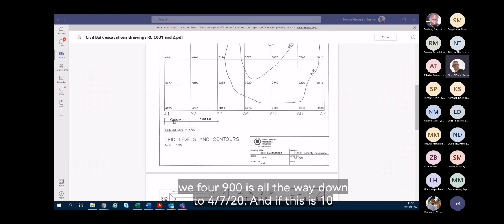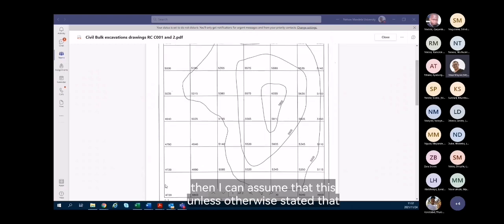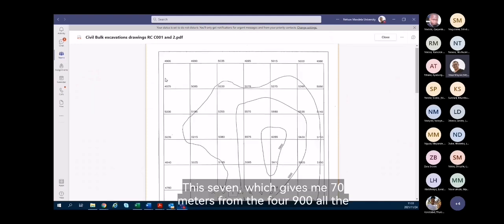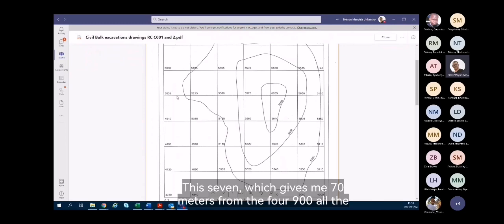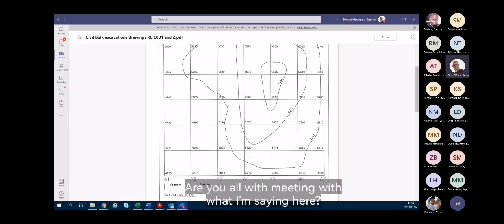If this is 10, then unless otherwise stated, I can assume that there's 1, 2, 3, 4, 5, 6, 7, which gives me 70 meters from the 4900 all the way down to 4720. Are you all with me there?